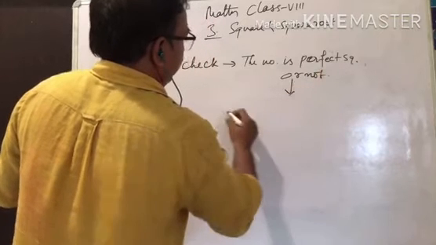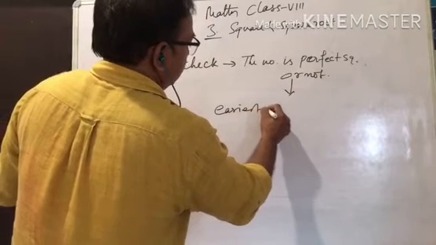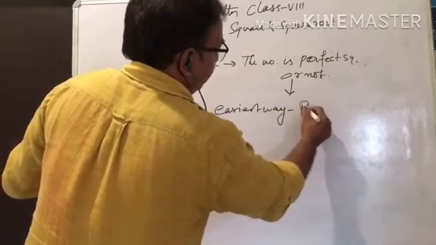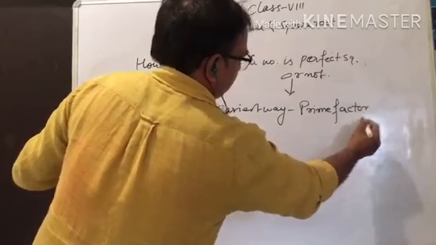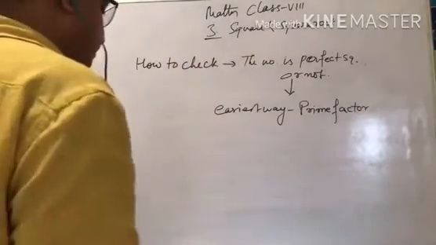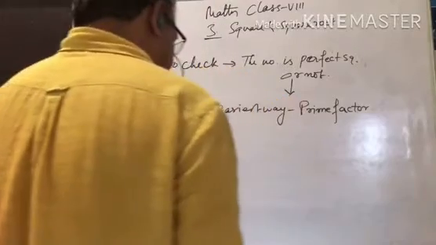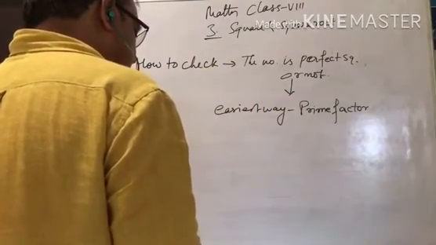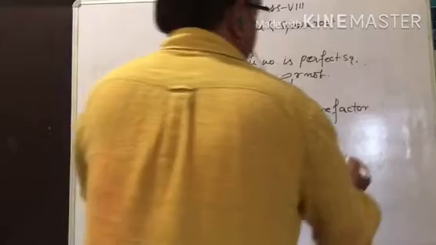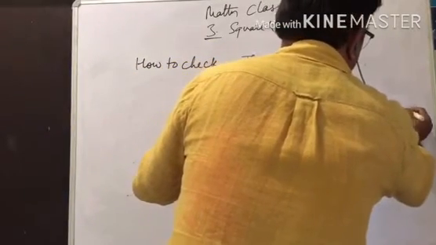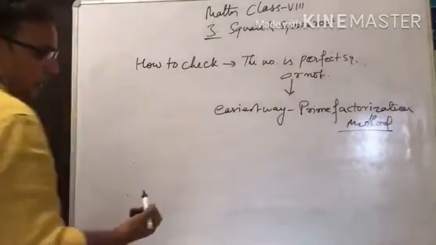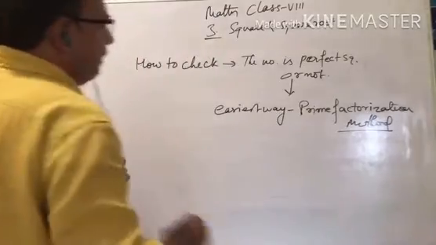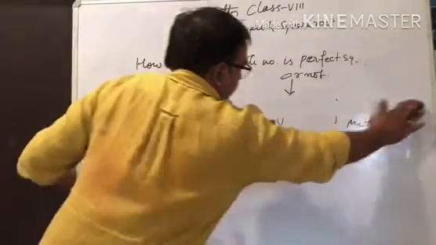The easiest way is the prime factorization method. This is the easiest way, and now let us see. I will show you with one example.